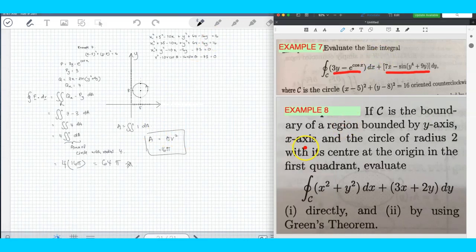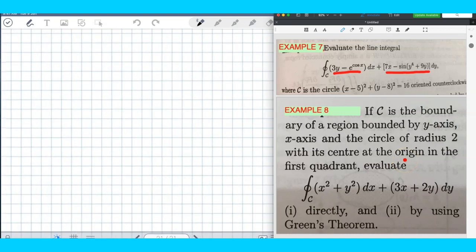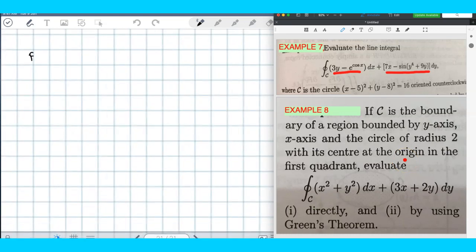Now next we want to look at this problem. C is the boundary of a region bounded by the x and y axes, and we have a circle of radius 2 with center at the origin in the first quadrant. Now look at example 8.